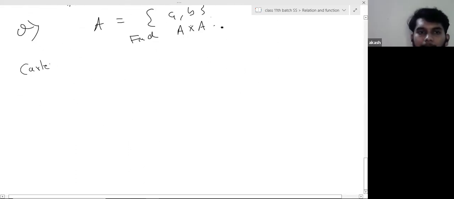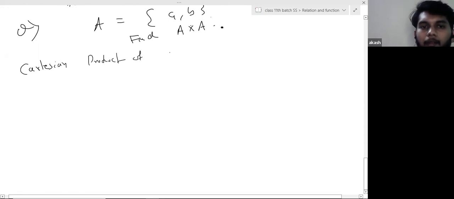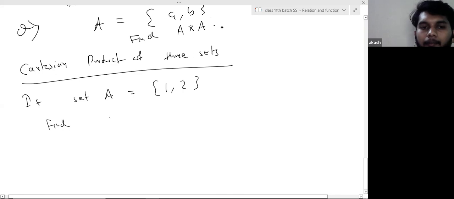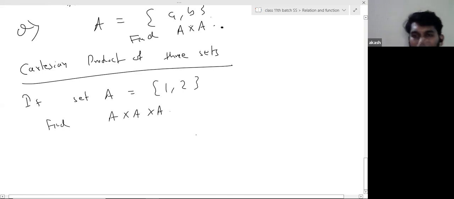All right. Now, Cartesian product of 3 sets. If set A is equal to 1 comma 2, find A cross A cross A. Do you want to try this or should I solve this first?